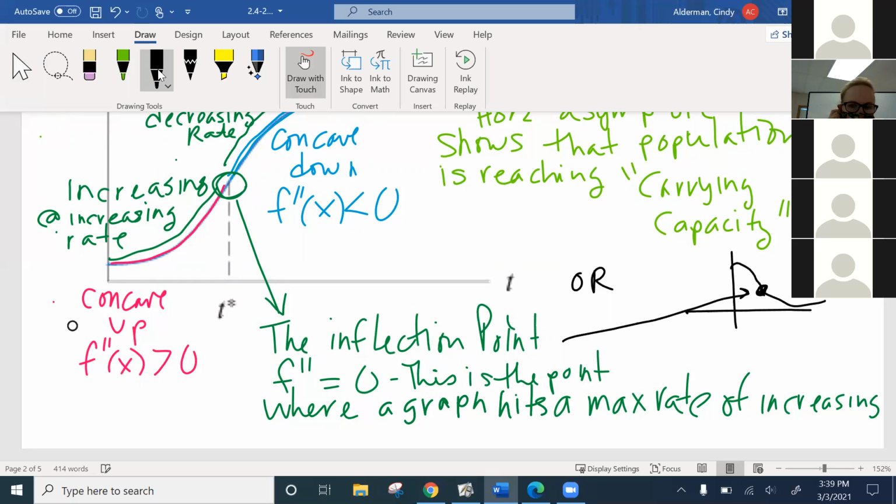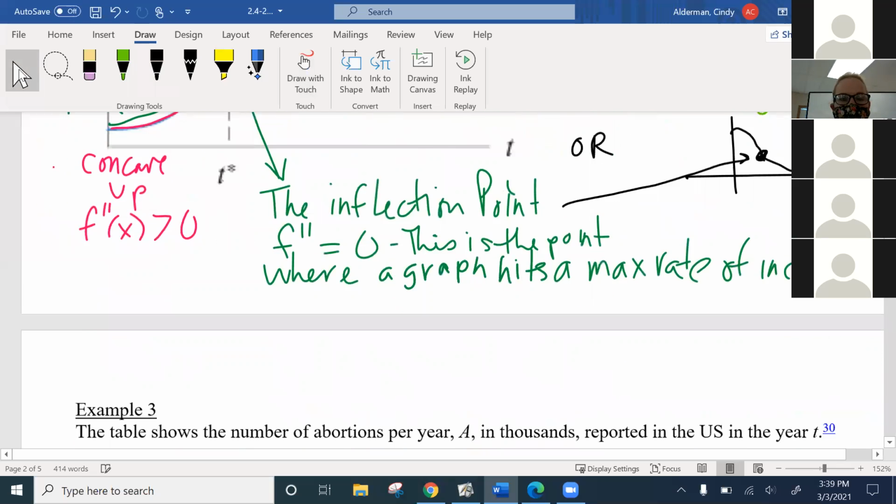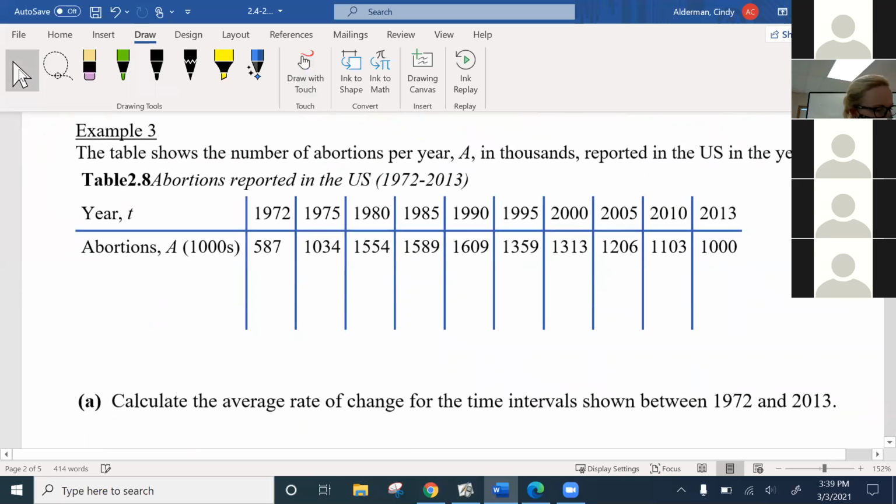Everybody ready? Okay, so here's an example. The table shows the number of abortions per year in thousands reported by the US in the year. So we've got 1972 all the way through 2013.